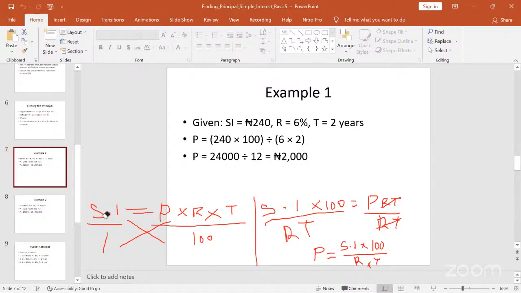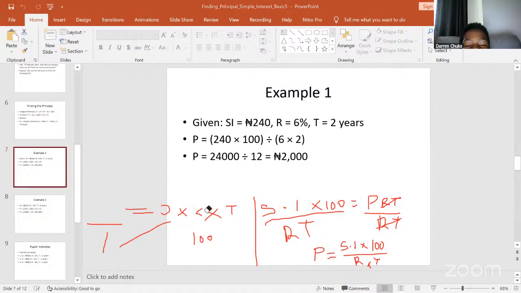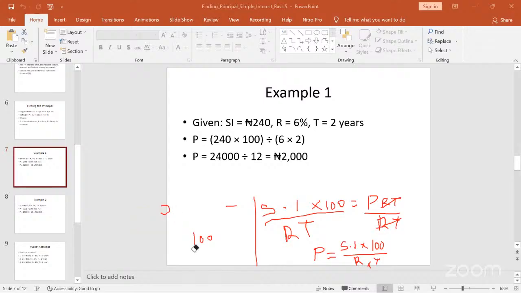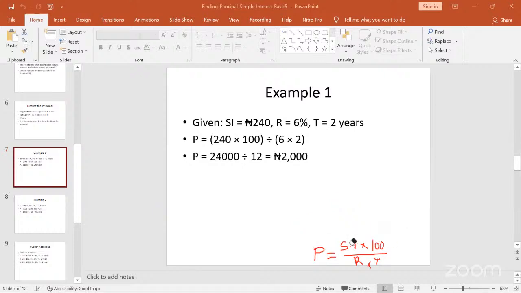We use the formula, which is simple interest times 100.